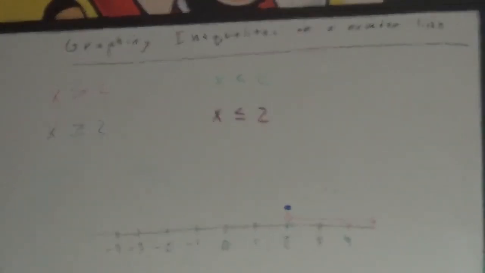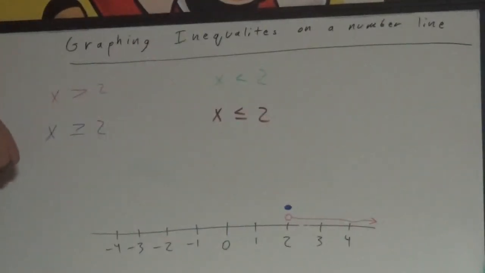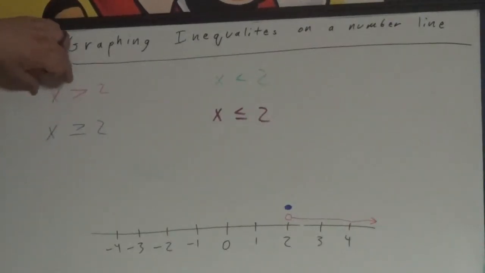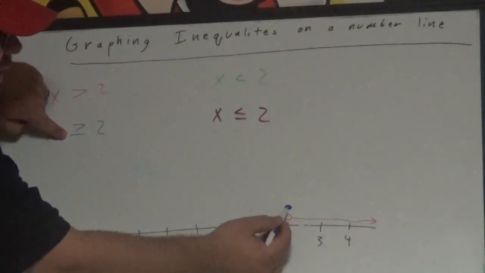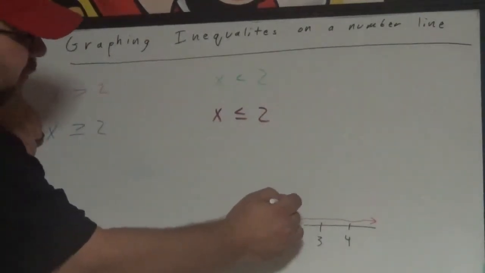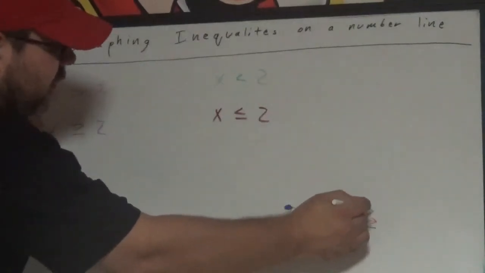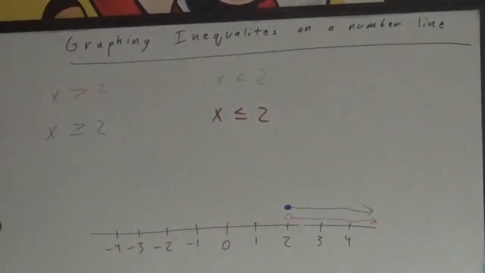Okay, so again, what it means, just like on the first one, is x is bigger than 2. Of course, x is greater than or equal to means x can equal 2, and it can also be greater than 2.